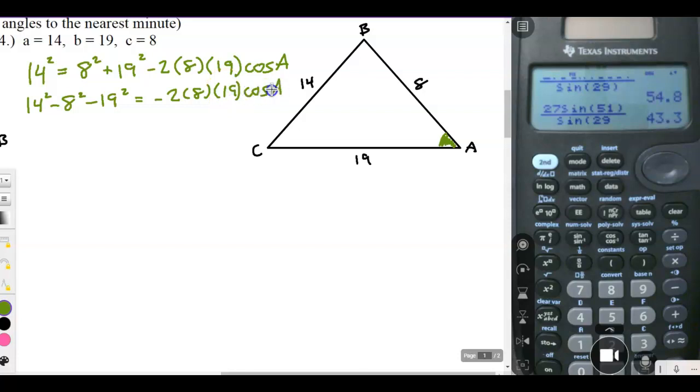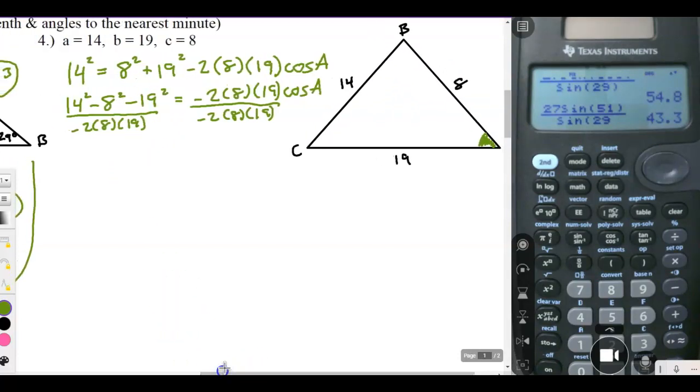Then get the cosine by itself. I'm going to divide both sides by exactly that, and that's what cosine of A will be equal to. My last step is to take the arc cosine of both sides.